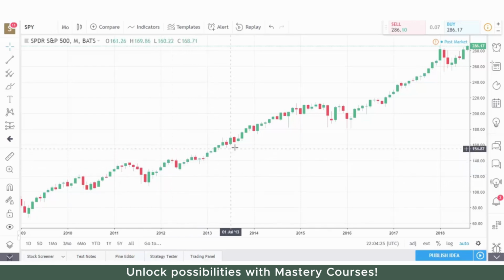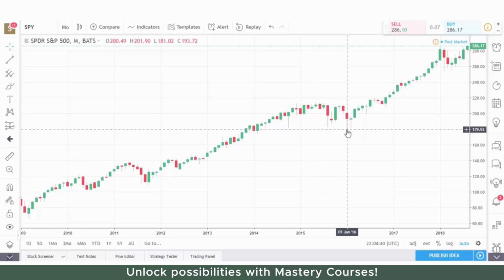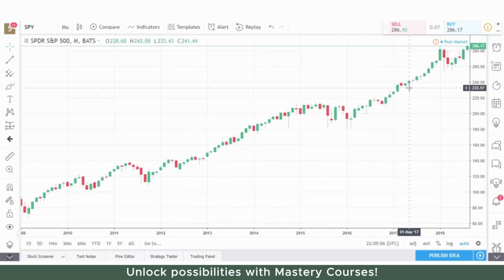And you'll see the market steadily climbed up through January of 2015, and then pulled back, and the bottom of the trough is January 2016 before climbing again. And again, this trough is clearly much higher than the trough set back in June of 2012. The market starts moving higher again, and we get to where we are today in August of 2018.